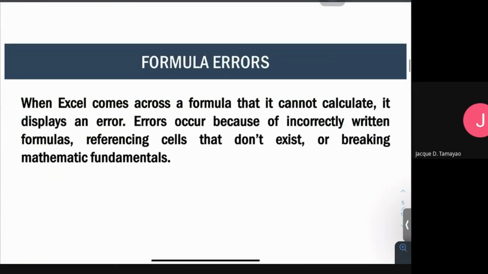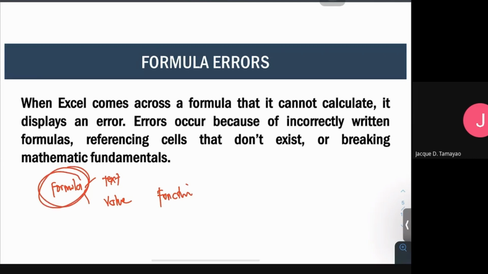After discussing functions, we go now to formulas. Generally, what we place in a formula, as you already know, can be a text, a value, or of course, a function. So what if there is an error in that formula? We call those formula errors.